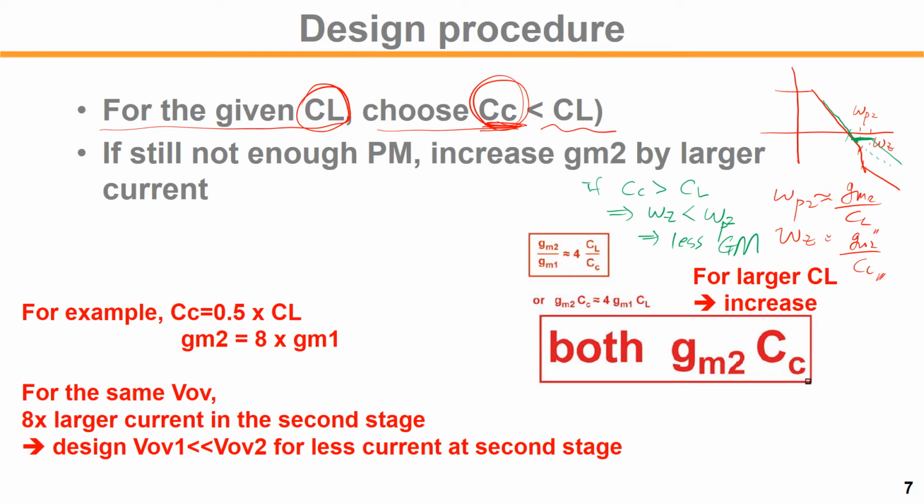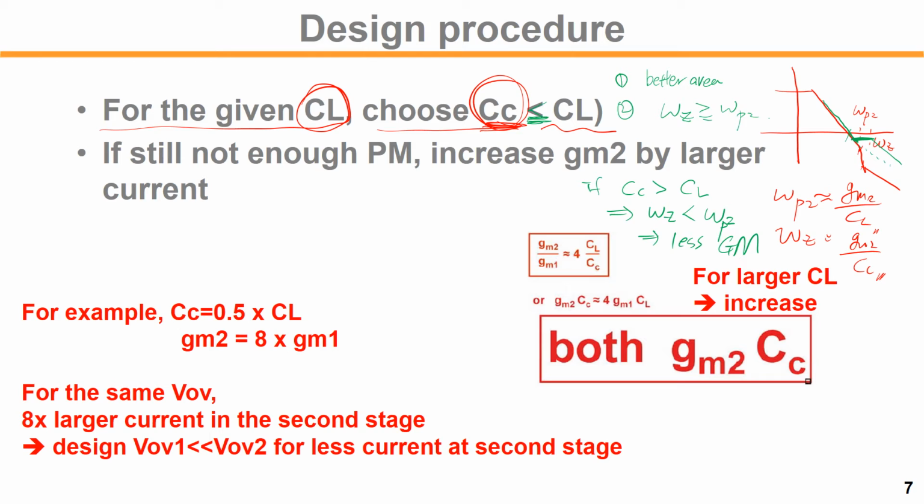So the first reason is better area, and the second is that omega z should be greater than omega P2. So the first step is to choose CC less than or equal to CL. That is the guideline.